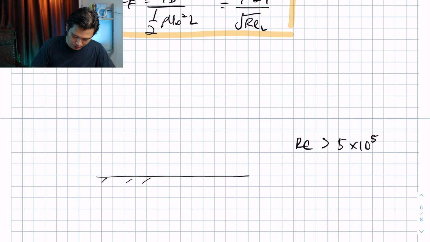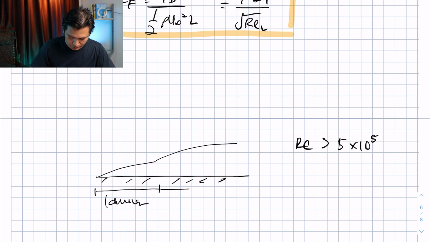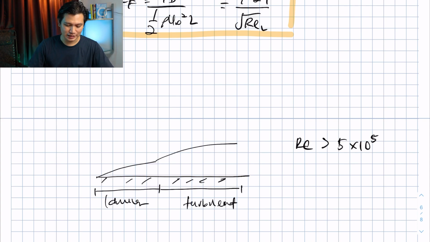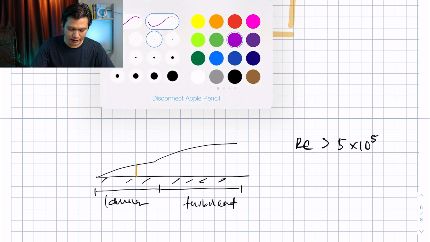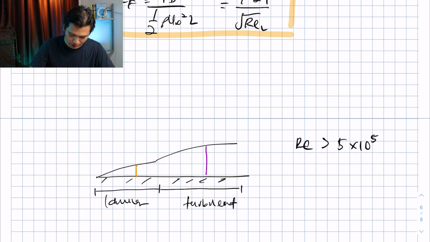Okay, and if we have this flat plate, right? And you have two regions, which is laminar and turbulent. Let's say this is laminar and this is turbulent. And if I take two lines, one is orange in laminar and another one is purple in turbulent boundary layer.